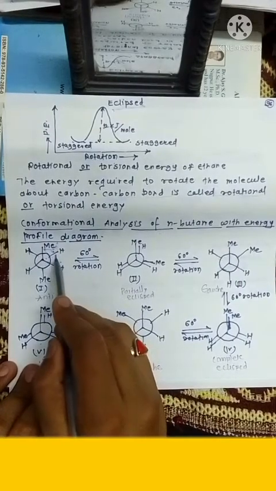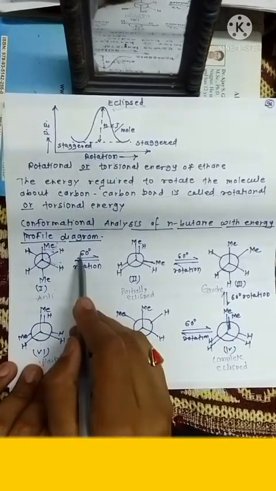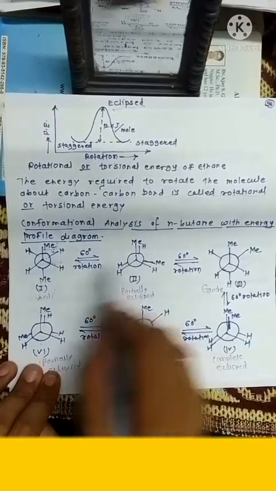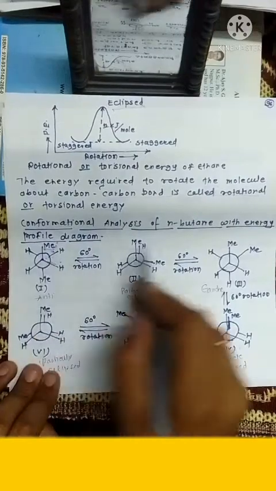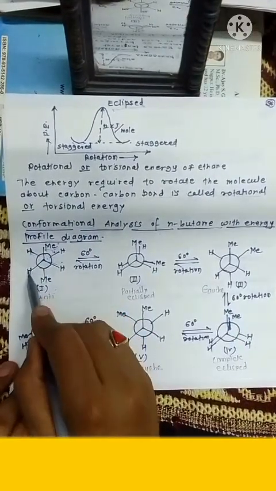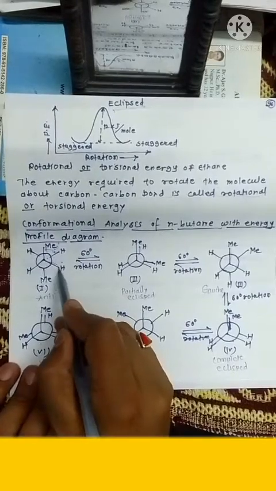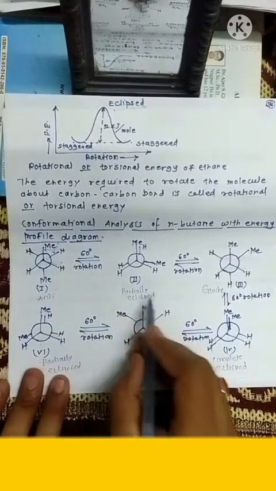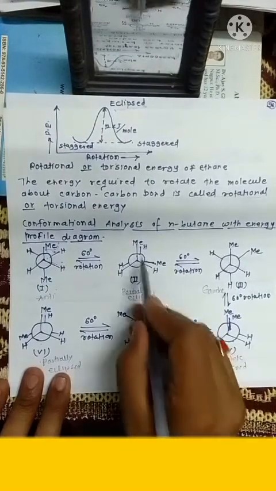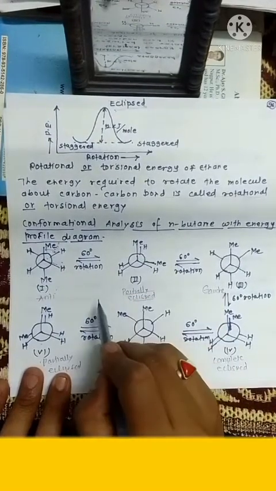If we rotate the backward carbon by 60 degrees, this hydrogen comes in front of this methyl, this hydrogen comes in front of this hydrogen, this methyl comes in front of this hydrogen. So it is known as the partially eclipse conformer of n-butane.